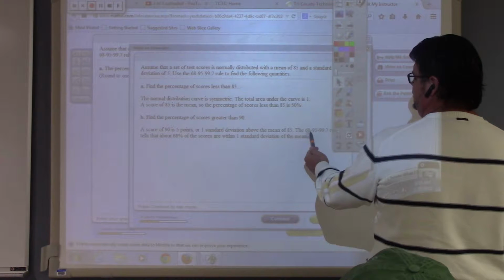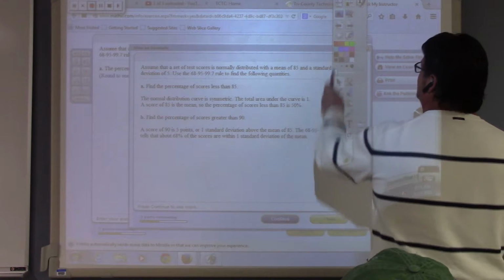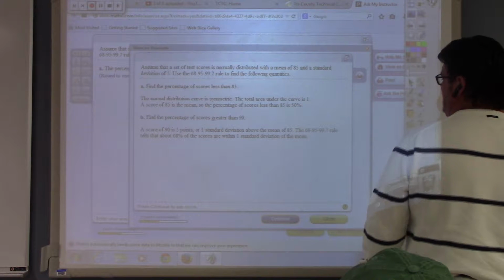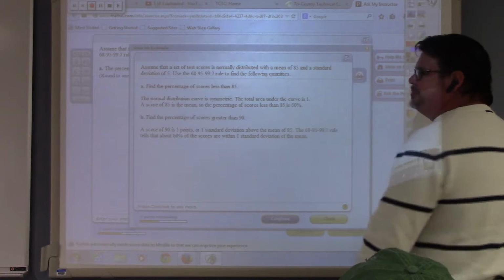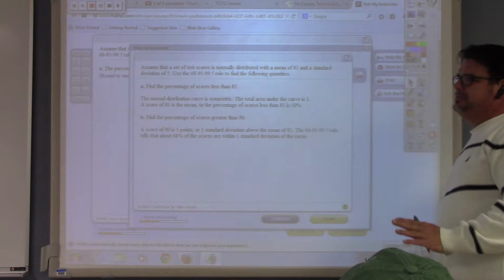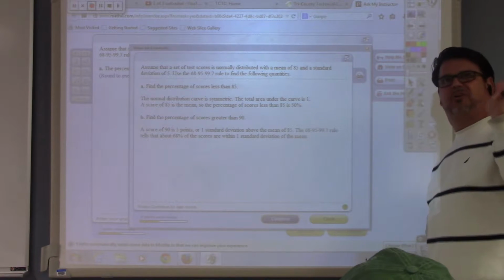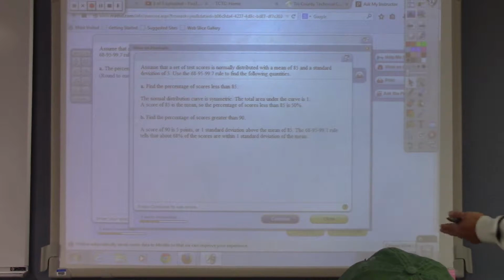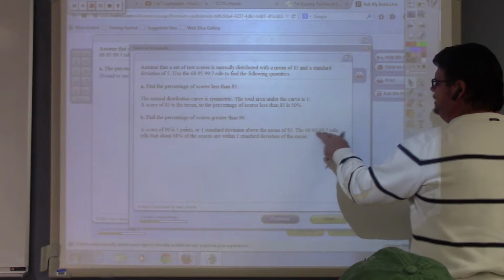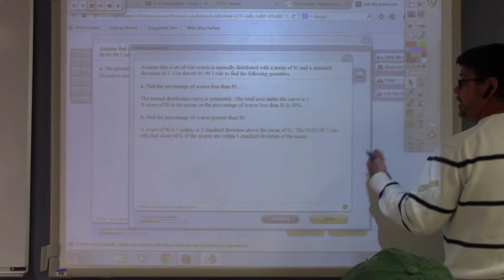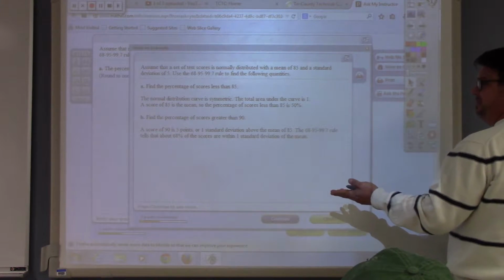That's what they call the empirical rule right there. They call it the 68, 95, 99.7 rule. This book is stupid. I'm sorry, it is stupid. Because that's ridiculous. It's called the empirical rule in many books, and they just say, okay, we're not going to call it the empirical rule. We're going to call it the 68, 95, 99.7 rule.